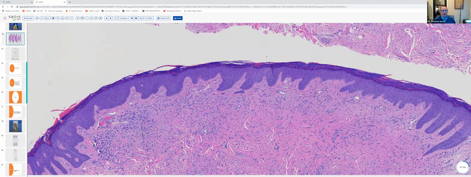Now, a dual Ki67 or MIB1 and MART stain in this case revealed that these cells were melanocytes. They were positive with the MART, and the Ki67 revealed a very low proliferation rate. In addition, the cells were negative with a PRAME immunostain. PRAME can be a good marker to use for melanomas.